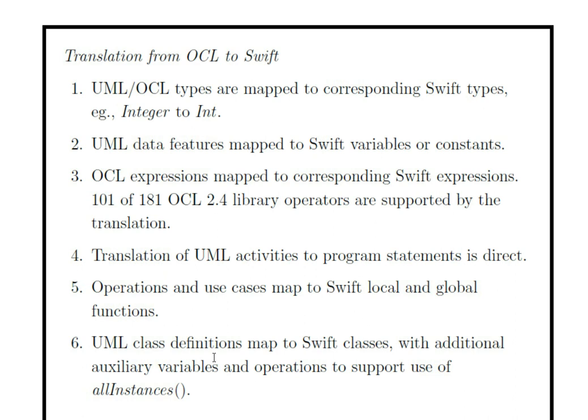For example, the integer type of OCL has a corresponding type in Swift, and so on. We map certainly the majority of the OCL expressions. 101 of the 181 OCL 2.4 library operators are supported by the mapping.